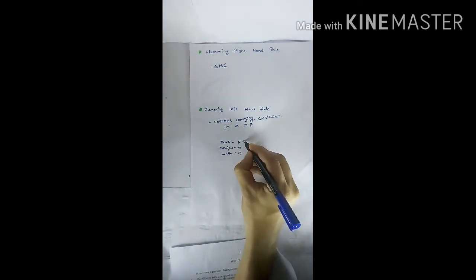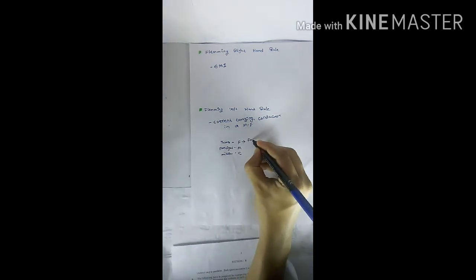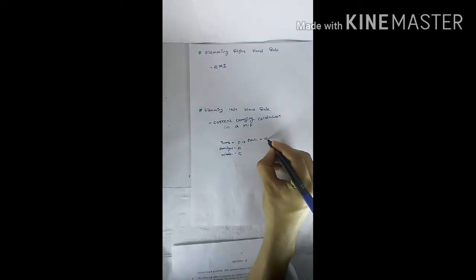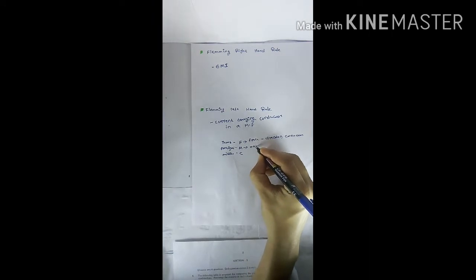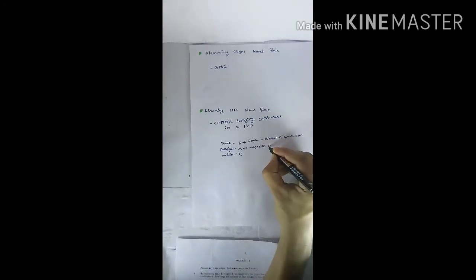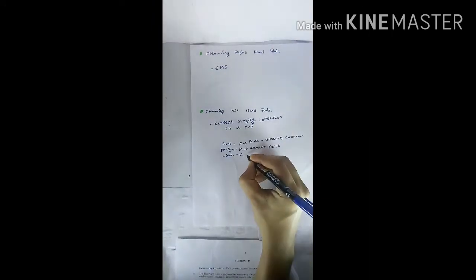So father means the force or the direction of motion of the conductor. And M, magnetic field. And C, current.